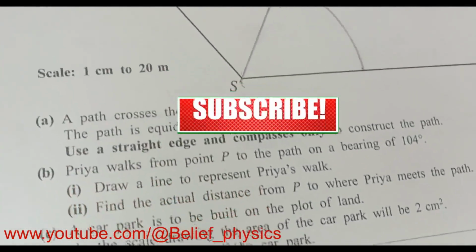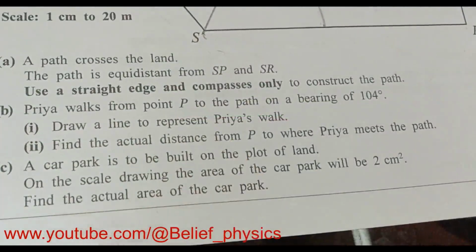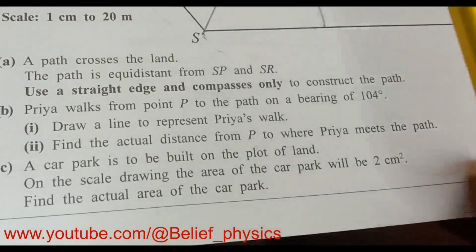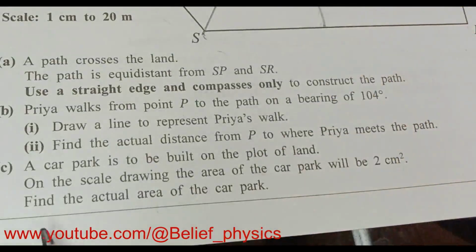Third, C part is: a car park is to be built on the plot of land. On the scale drawing, the area of the car park will be 2 square centimeters. Find the actual area.